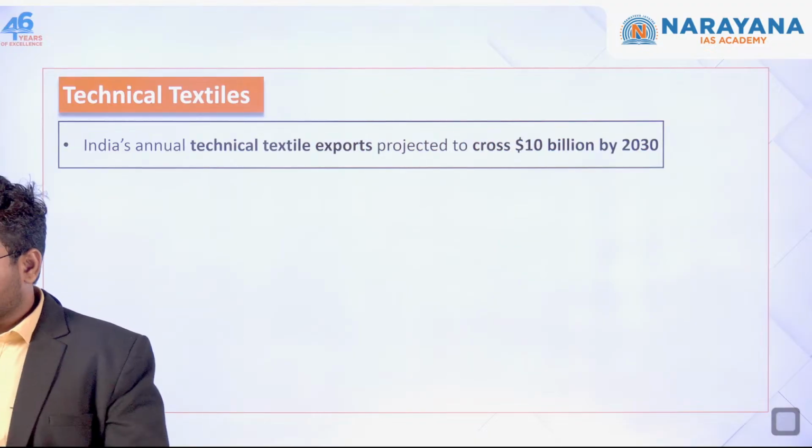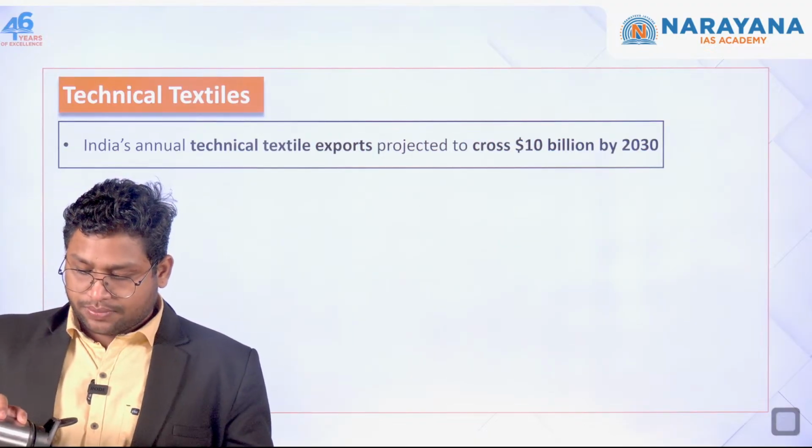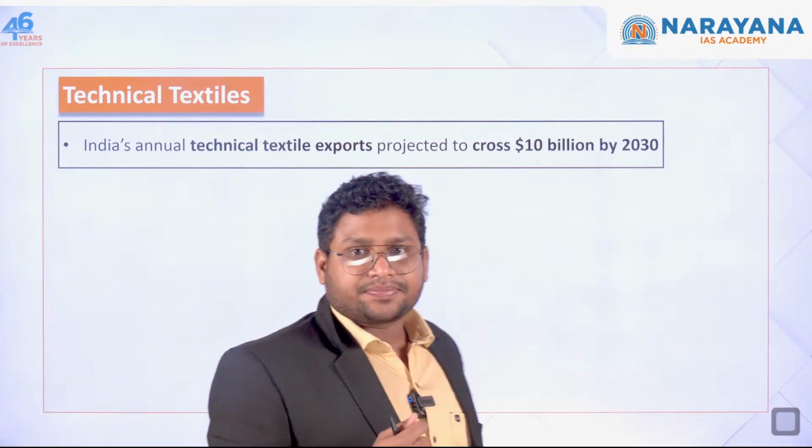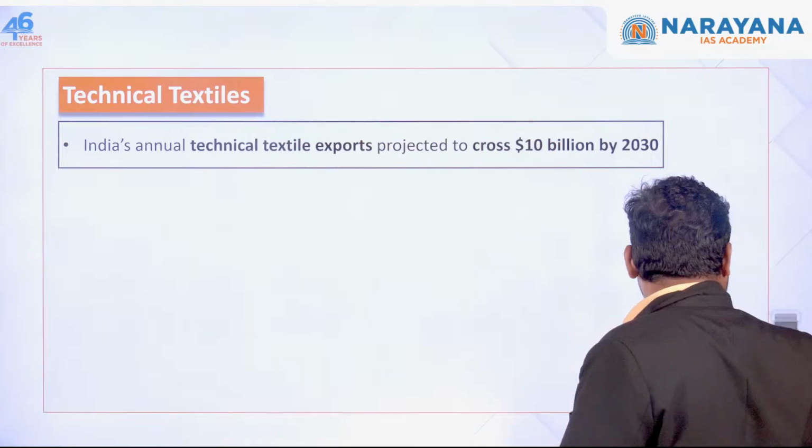But in that textile, we're not talking about normal clothes that we wear. We're not talking about that textile. We're talking about something called technical textile in which we are doing such a good work.